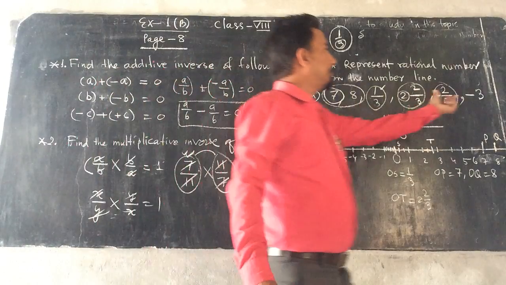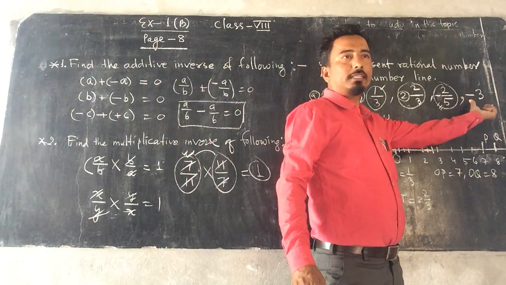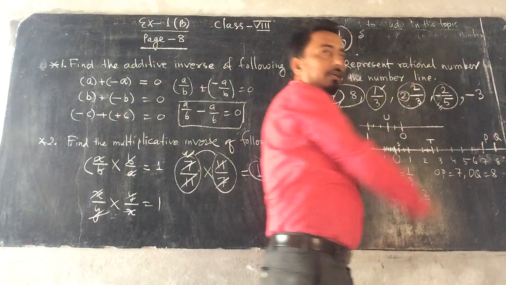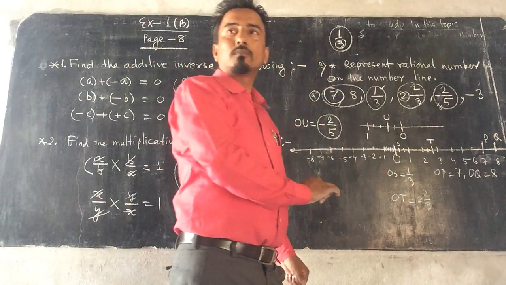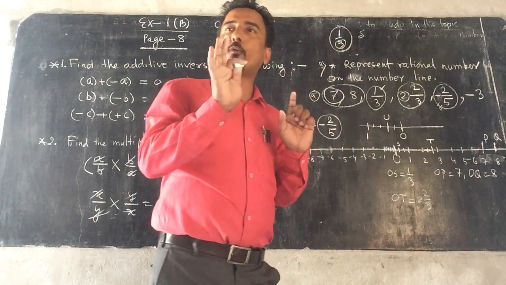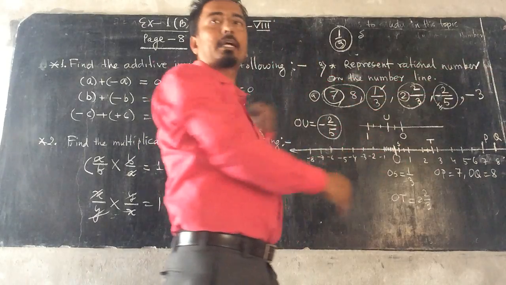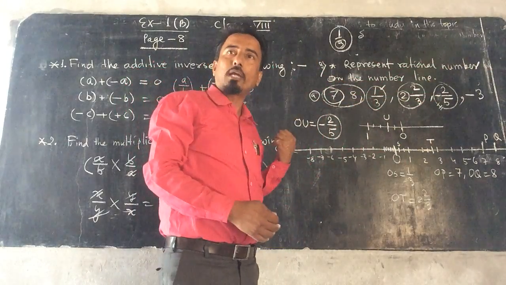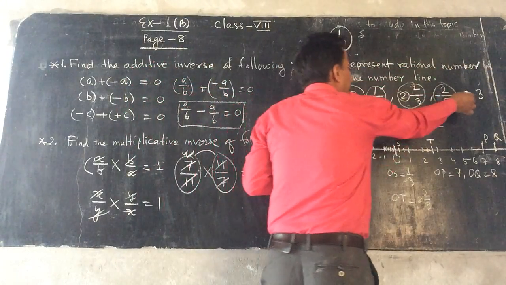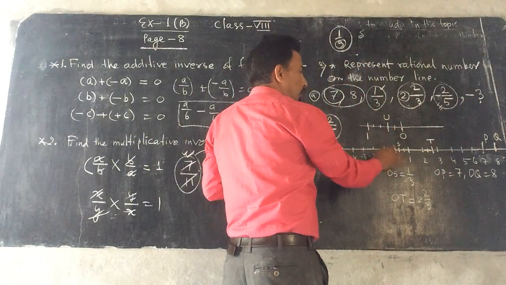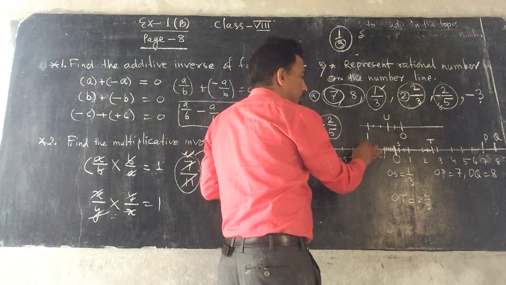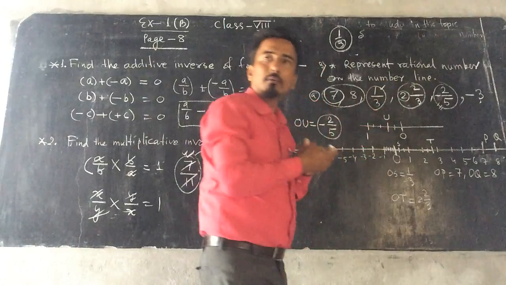Now again you have to see minus 3. You have to plot minus 3 here. How to plot? Very simple. Again come to 0. 0 is the starting point. Whether you go to the right side or left side, you start counting from 0. If you start counting from 0, you have to go up to 3. Count up to 3: 0, 1, 2, 3. 3 is a whole number.